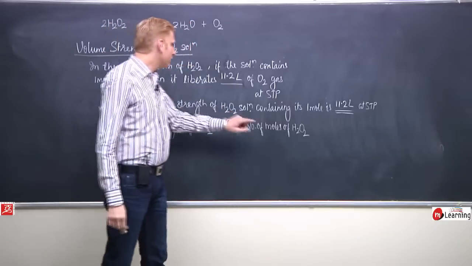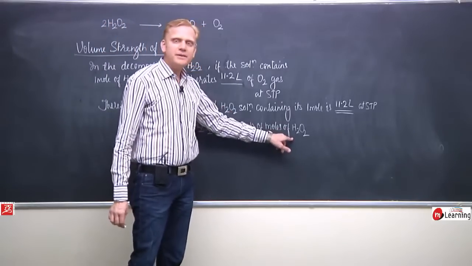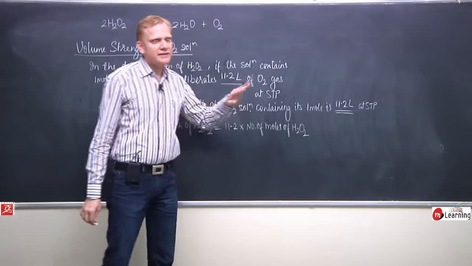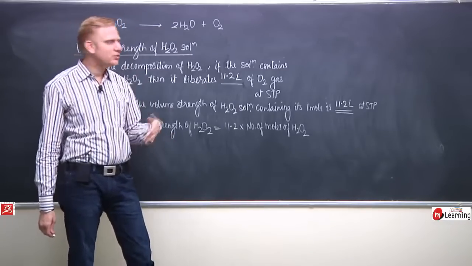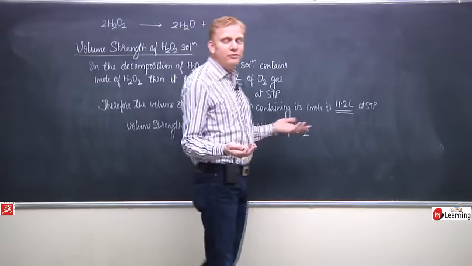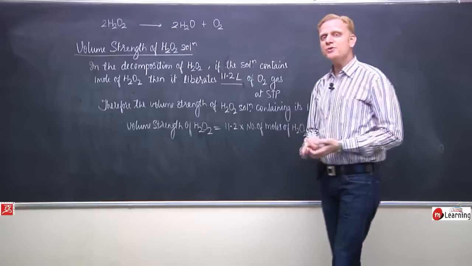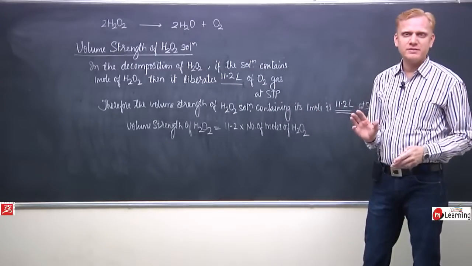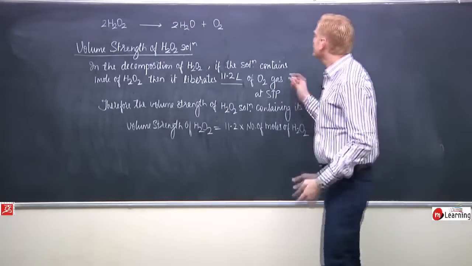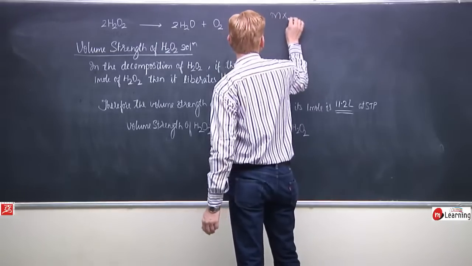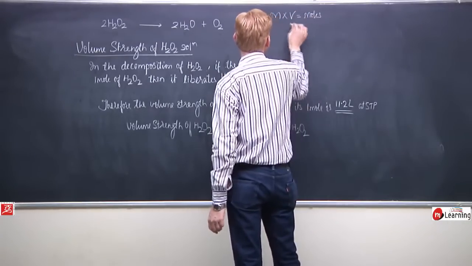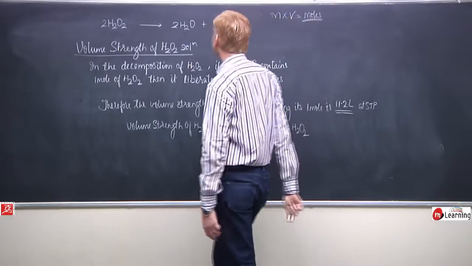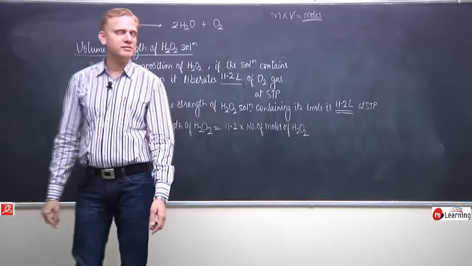Now the number of moles of hydrogen peroxide can be obtained either through molarity or through molality or through mole fraction. We can use any kind of concentration terms. As an example, molarity into volume gives number of moles, right?